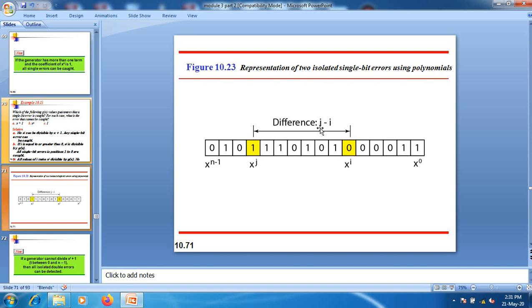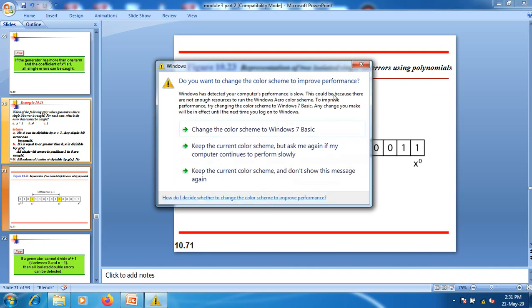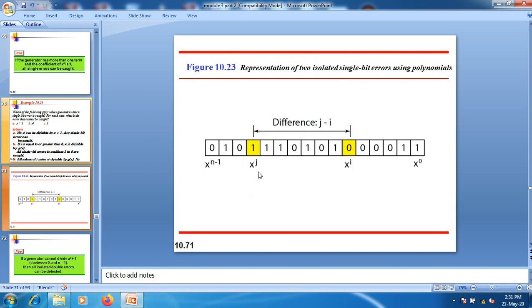This j minus i simply gives us the length, that is the difference between these two bit errors. Suppose I take x to the power i as a common factor, then I get x to the power j minus i plus 1.